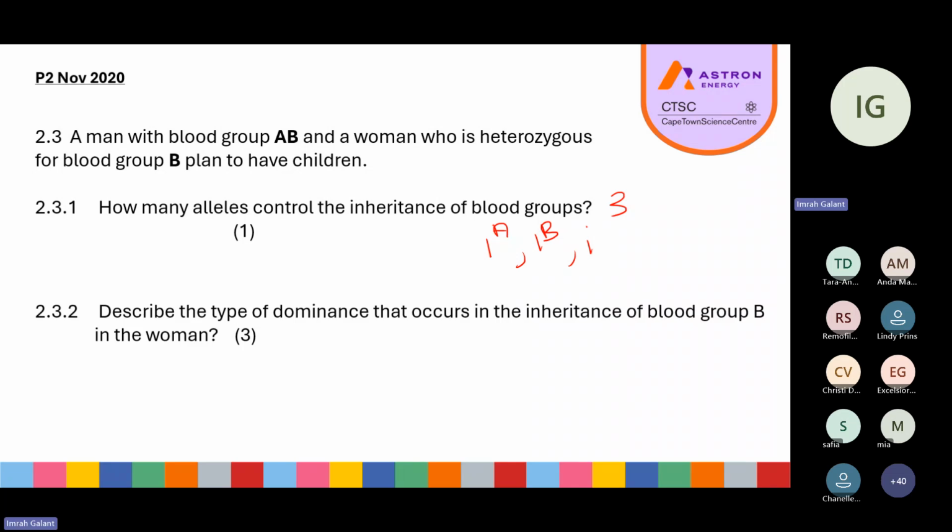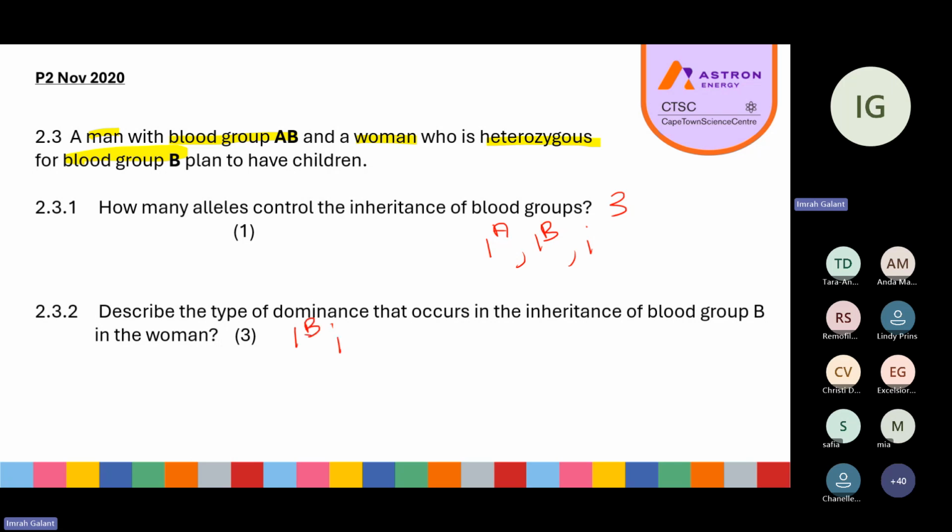Then the next question asks, describe the type of dominance that occurs in the inheritance of blood group B in the woman. Let's just highlight again. A man has blood group AB and a woman is heterozygous for blood group B. So the woman's heterozygous for blood group B, meaning her genotype can only be this over here.